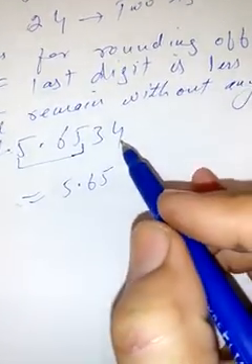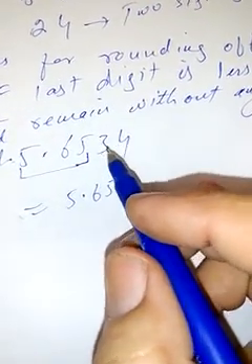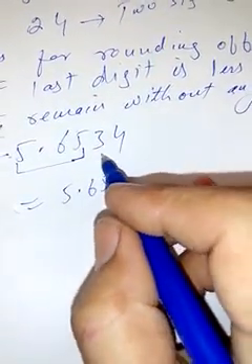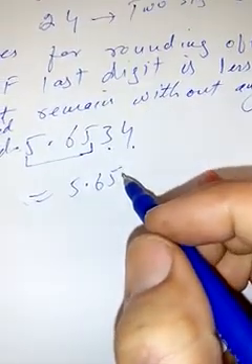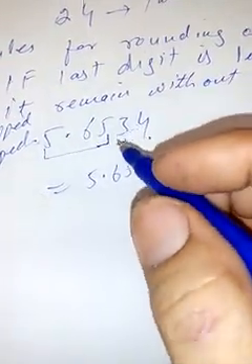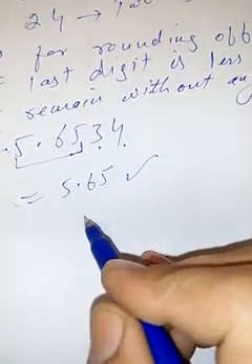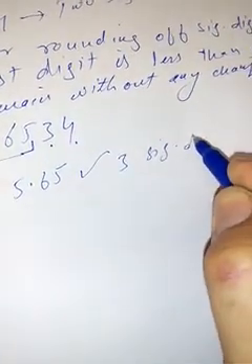Now the last digit is 4, which is less than 5, so it will be skipped. Similarly 3, which is less than 5, will be skipped. So these two digits, 3 and 4, are less than 5 and they will be ignored. So the value becomes 5.65 and there are now only 3 significant digits or figures.